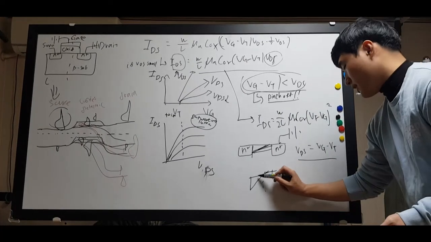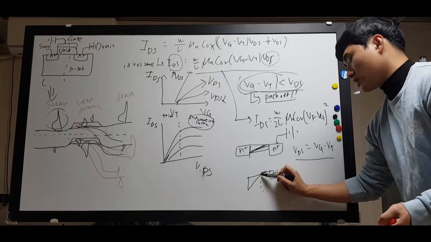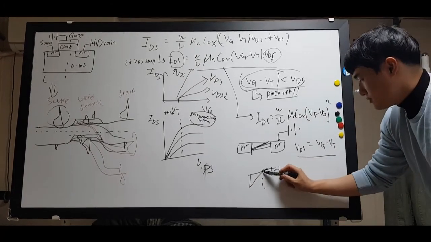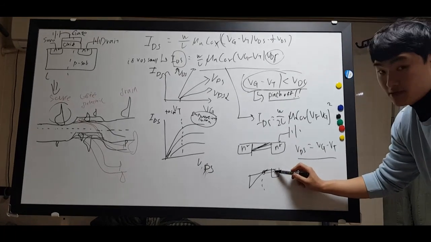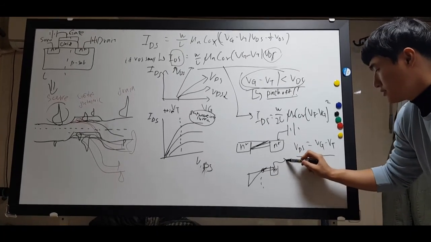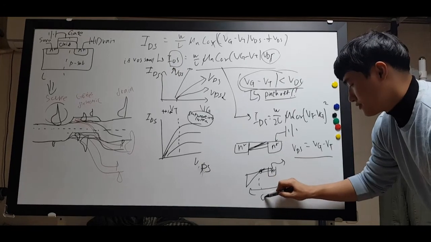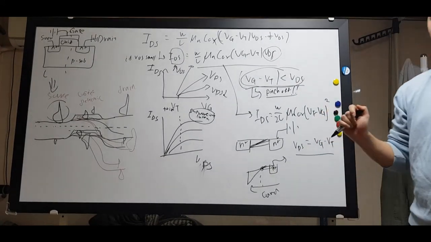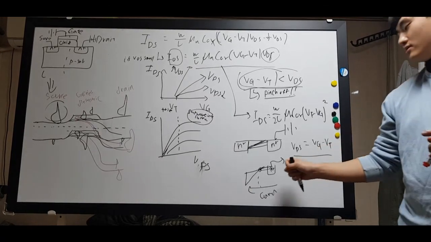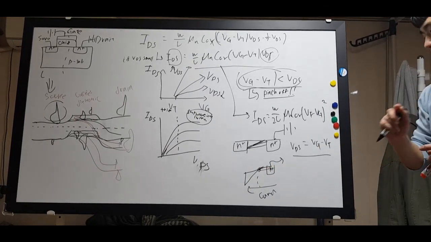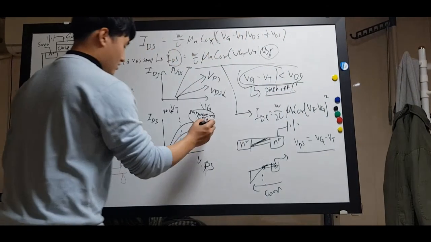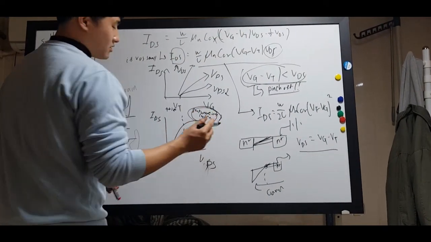So electrons that reach the end of the cut-off channel will move to the drain by the electric field, and it will make the current flow. But since the channel is narrowed and keeps its shape, the current will be the same. So we call this region the saturation current.